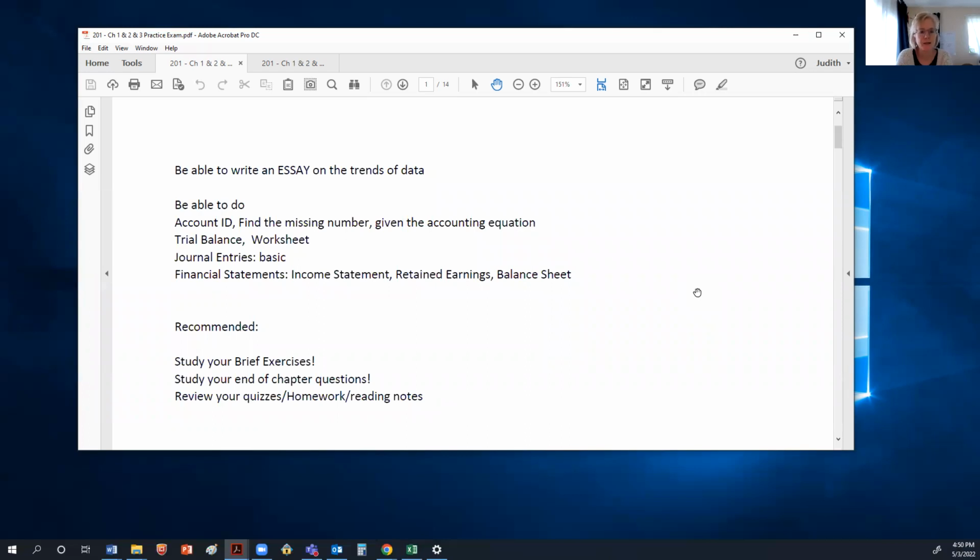How would you categorize it? In the classified balance sheet, where does accounts receivable go? Assets. It is an asset. Can you be more specific? Current assets. Okay, perfect.